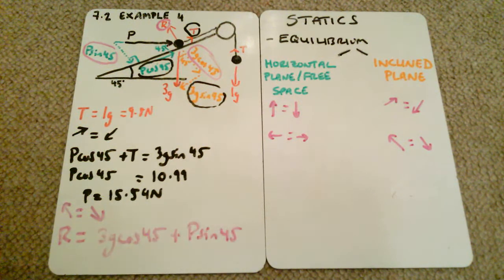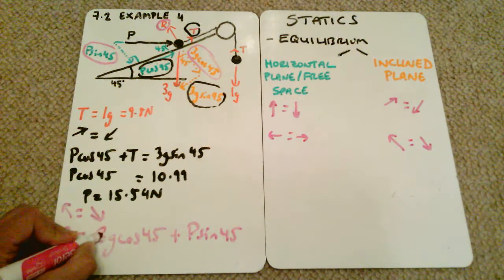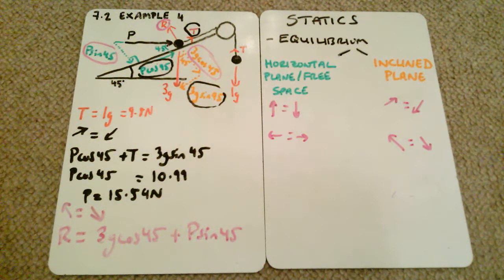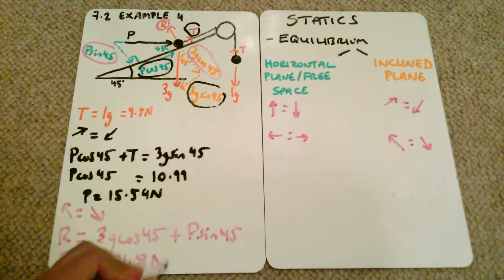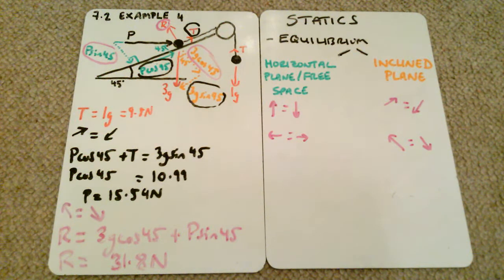Now, we worked out previously that P is simply 15.54. So if we multiply that by sine 45 and then add on the value of 3 times 9.8 cos 45, we get a value for R equal to 31.8 newtons. And that is effectively the process.